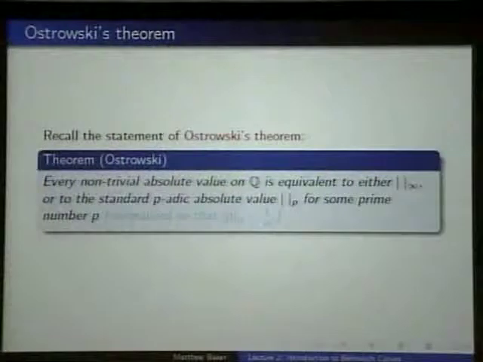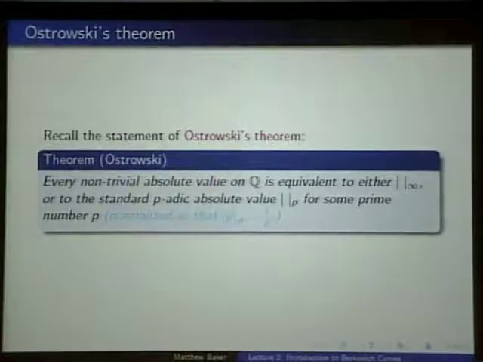A famous result in algebraic number theory: every non-trivial absolute value on Q is equivalent to either the usual absolute value or to the standard p-adic absolute value for some prime number p. And I'm normalizing so that the absolute value of p is 1 over p. And now this is classifying non-trivial absolute values up to equivalence.